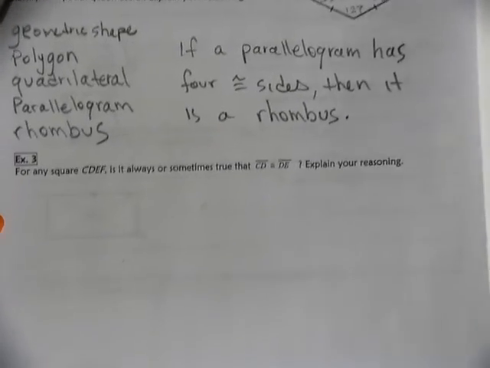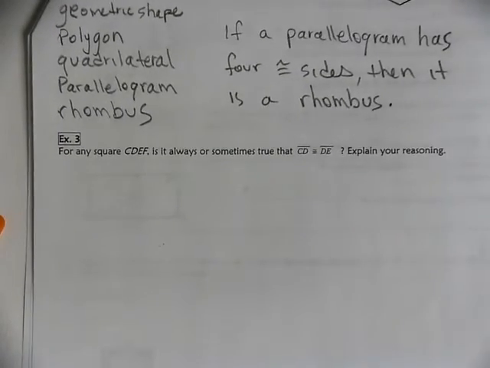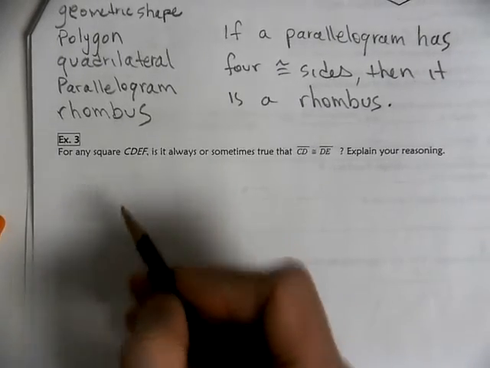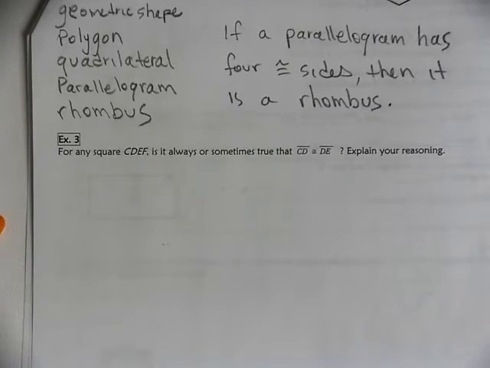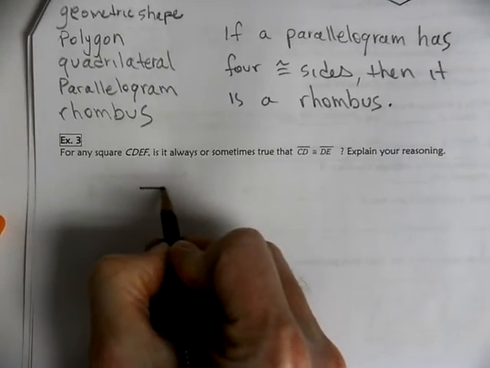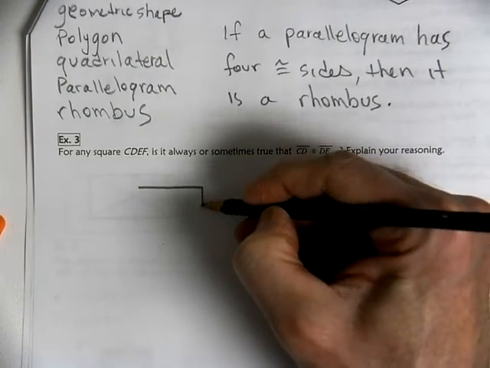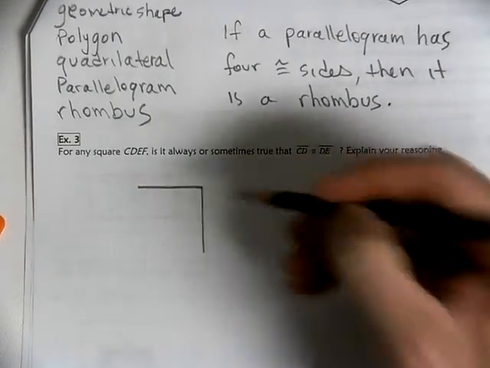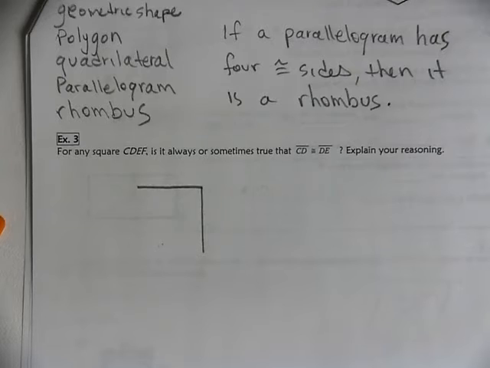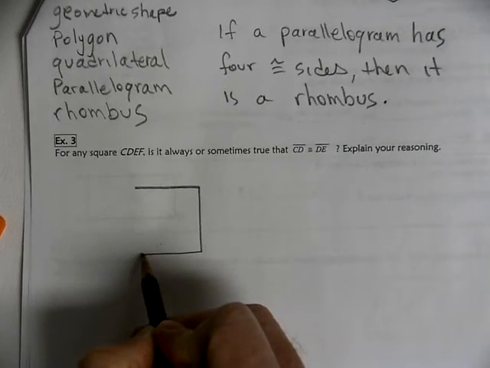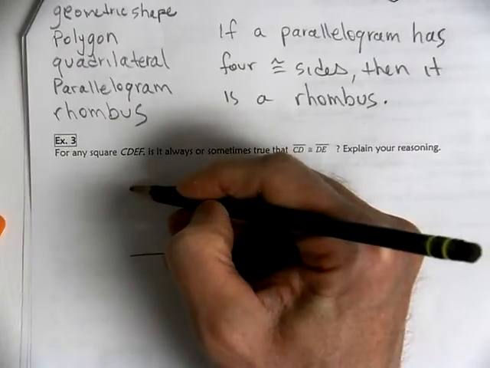All right, let's come on down here to our last one. If we have a square, now think about what a square is. A square has 90-degree corners, and it has sides that are all exactly the same.